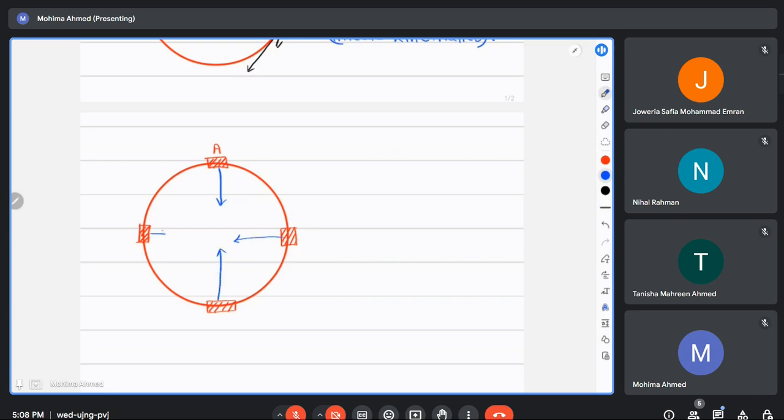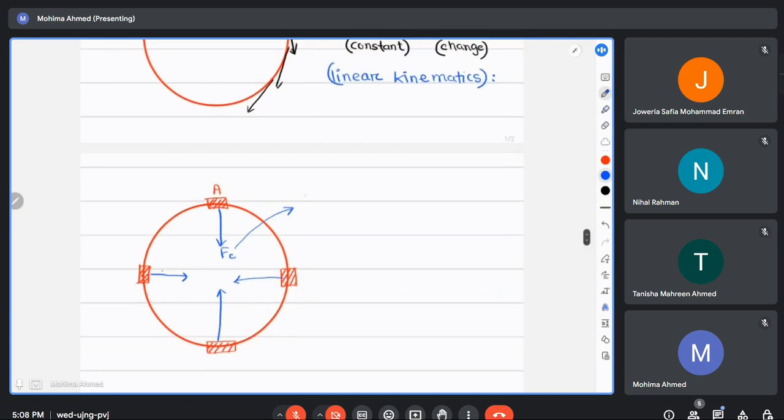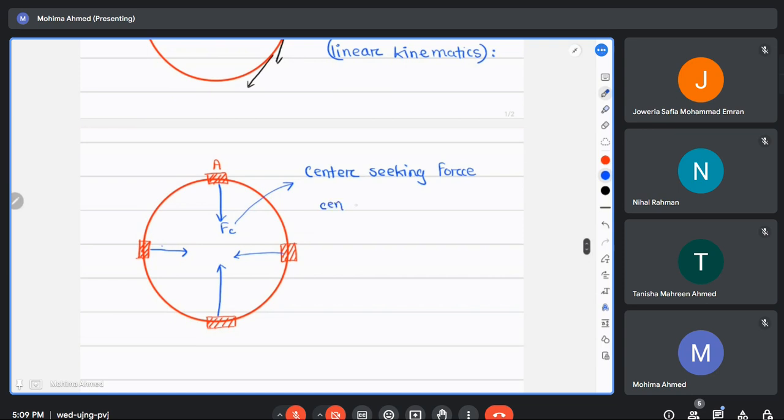And because of this center-seeking force, the particle will be able to travel on the circular pathway. So over here, this center-seeking force is known as F subscript C. This is a center-seeking force, and this center-seeking force is known as your centripetal force.